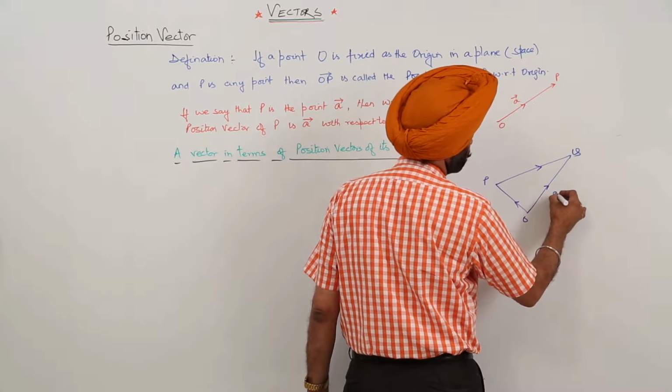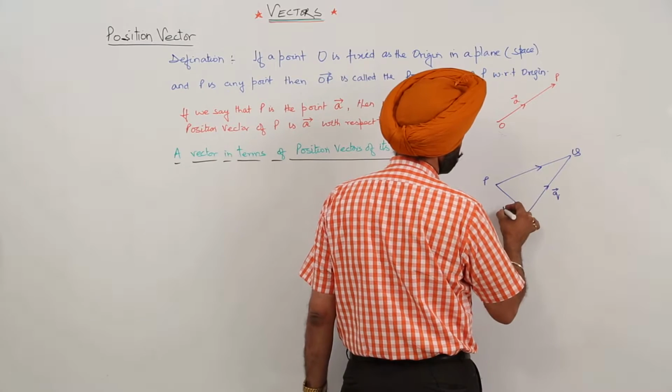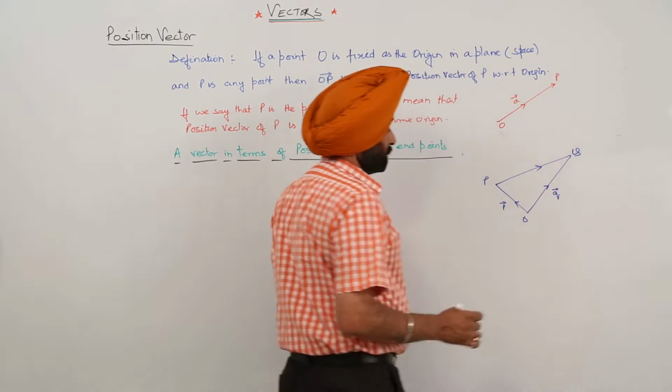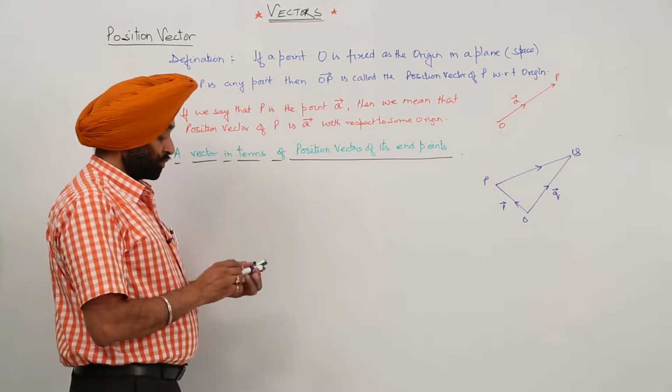Let this be vector q and this be small p, vector p. Now how to represent a position vector?